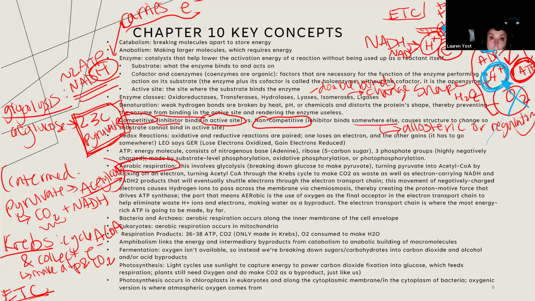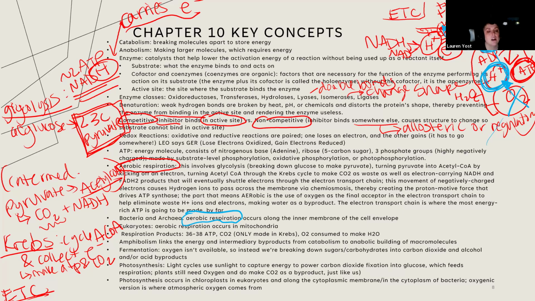So that's essentially aerobic respiration in a nutshell. Bacteria and archaea, these guys can be aerobic respiration guys, but this won't occur in the mitochondria like it does for us. For eukaryotes, aerobic respiration occurs on the inner membrane of the mitochondria. For bacteria and archaea, they do not have mitochondria.